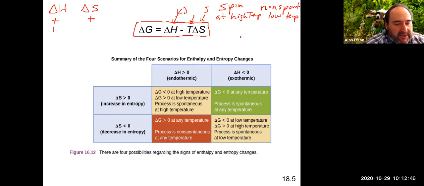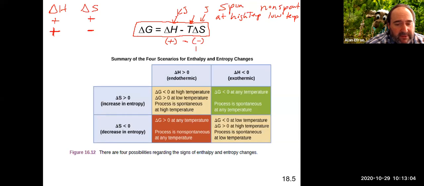Now, if we had a combination where our delta H was positive and our delta S was negative, we would have a positive value here minus a negative value here.